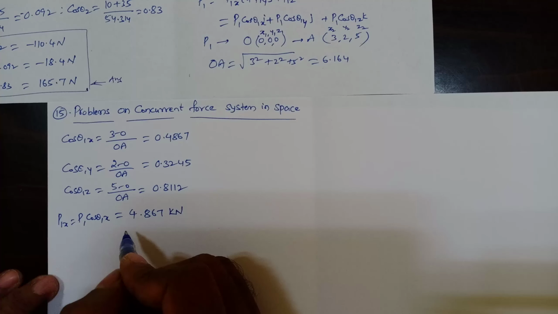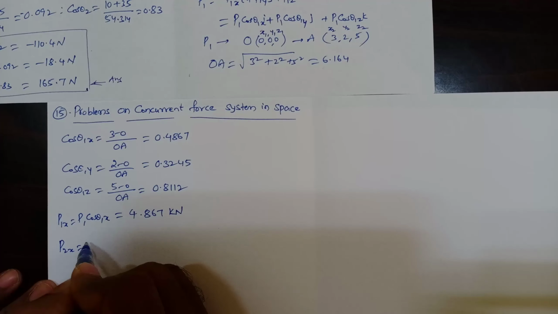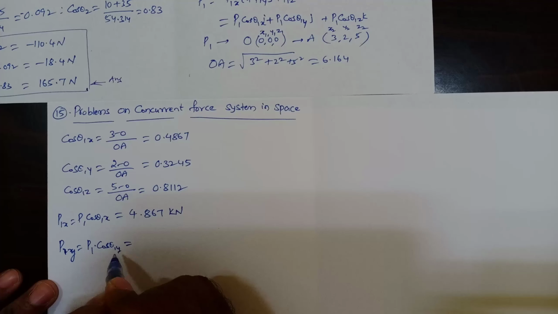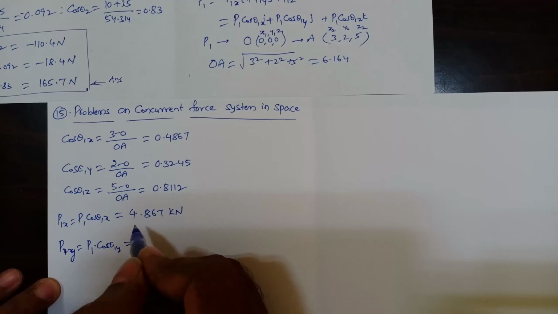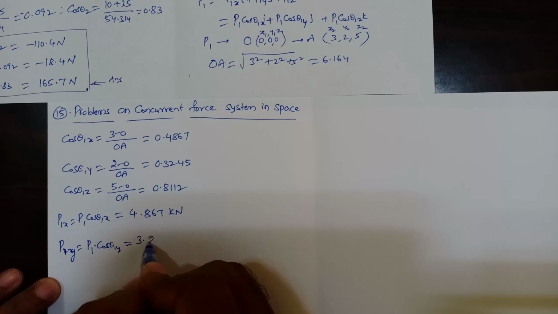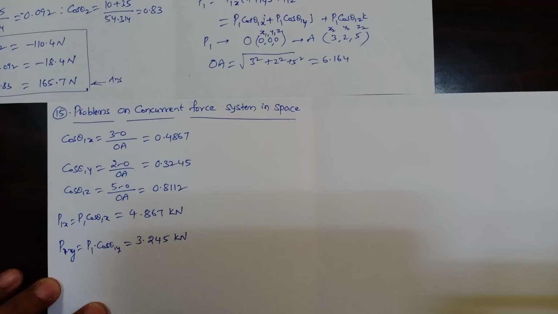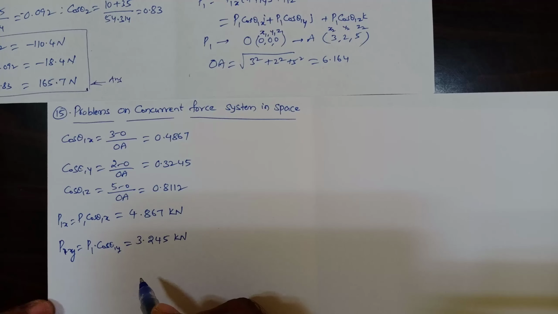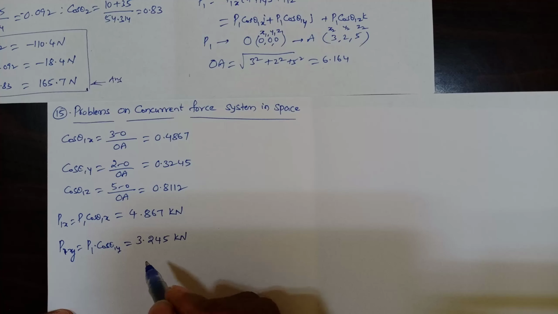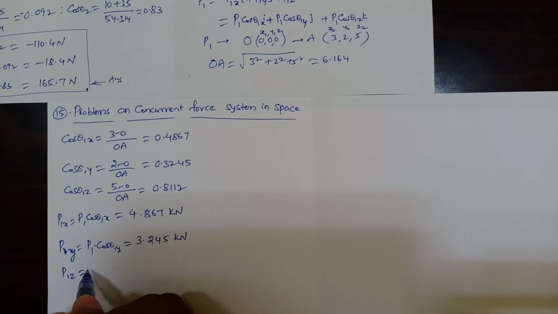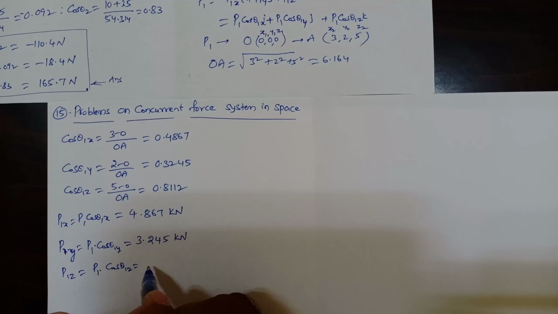Similarly, P1y is equal to P1 cos theta 1y, that is equal to 3.245 kilonewton. And P1z is equal to P1 cos theta 1z, and that is equal to 8.112 kilonewton.